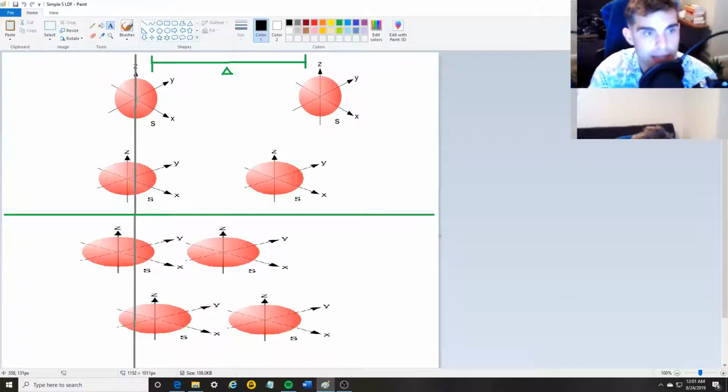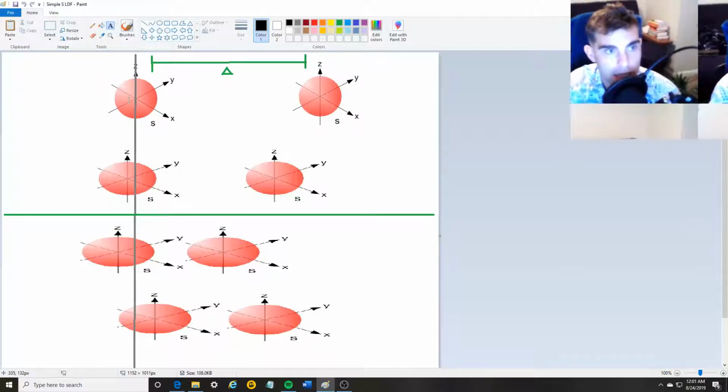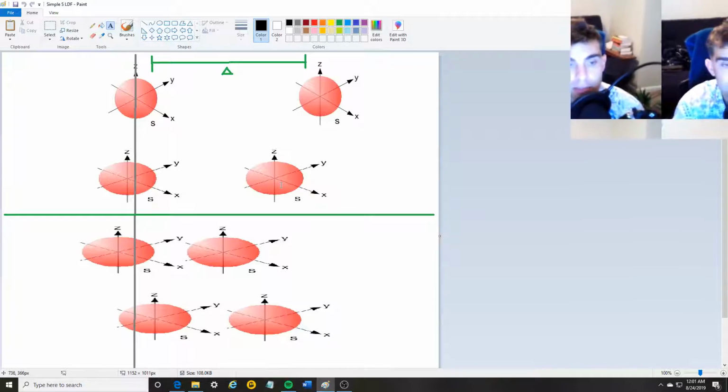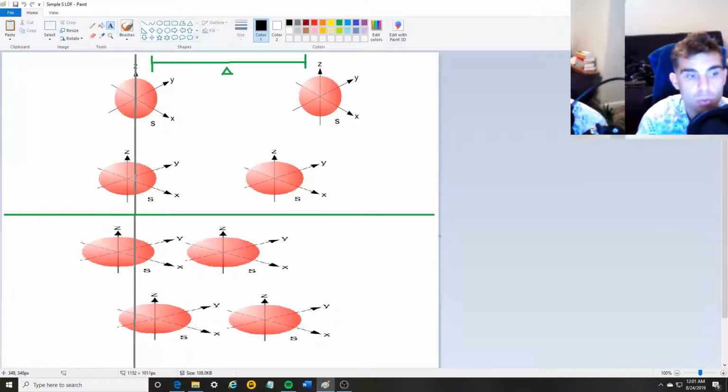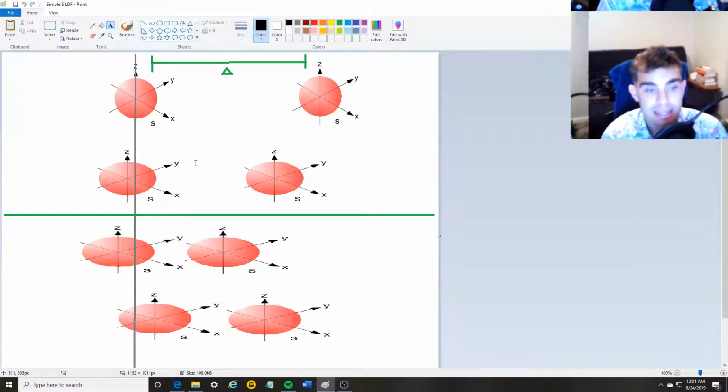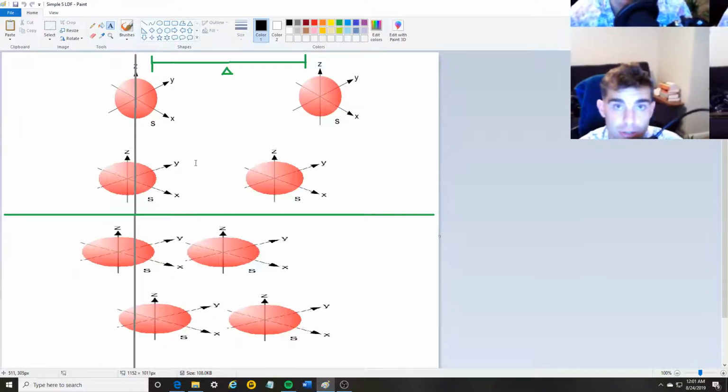As it accelerates towards helium 1, helium 2 and helium 1 will have a simultaneous deformation of their electron orbital.